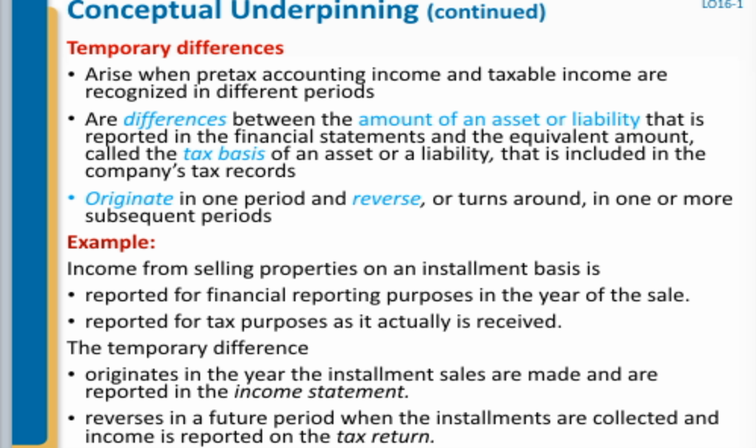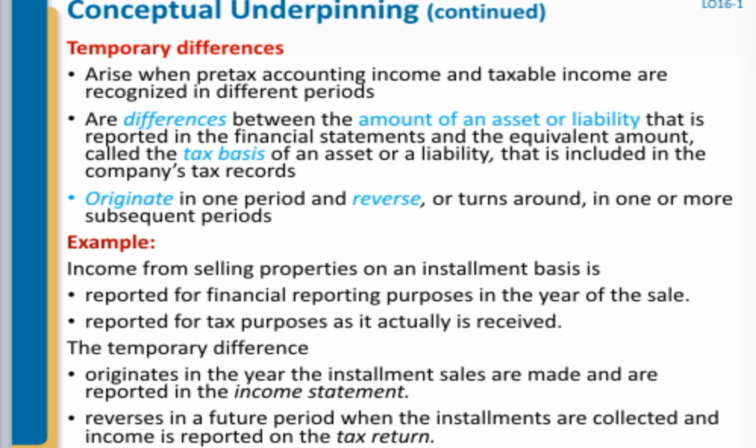Obviously, if you wait 2 years down the road and compare those two periods of time, they're going to equal out. It's just one will be in 1 year and one will be in the other year. So if eventually both paths come back and converge, and you will balance out as long as you go far enough into the future, and it's just a timing issue, then that's a temporary difference, okay?